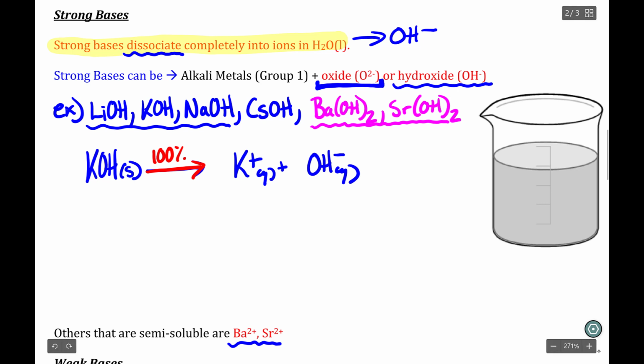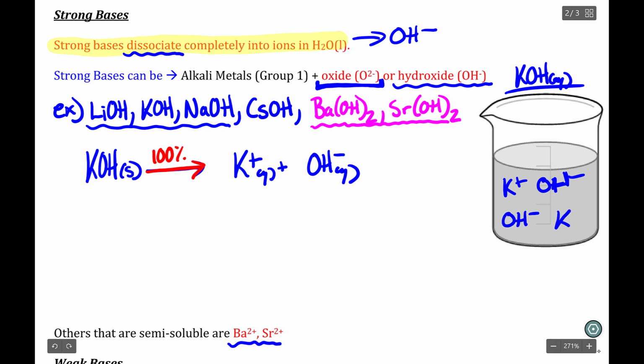So if I was to label a beaker and it said KOH aqueous, there really is no KOH together at all unless it's a saturated solution. In that case, there'd be some solid KOH at the bottom. But otherwise, it's just K plus and OH minus. They're just floating around.